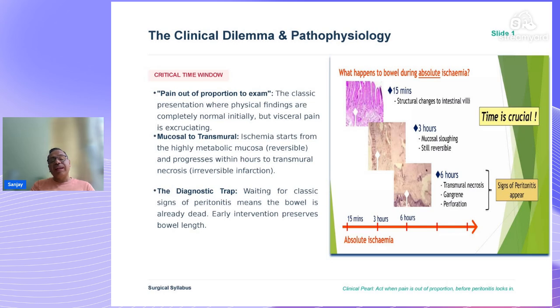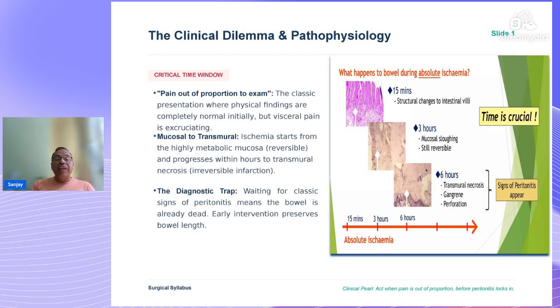A patient may have severe abdominal pain and appear in discomfort, but when you examine the abdomen, at least in the initial stages, there may not be any physical signs to justify that. So if you're not very careful, this diagnosis can be missed. And because it gives you a very short window of time, about 6 hours, the patient can quickly go into transmural gangrene of the bowel wall, leading to further complications.